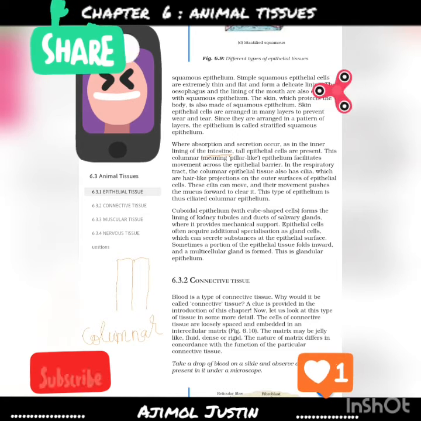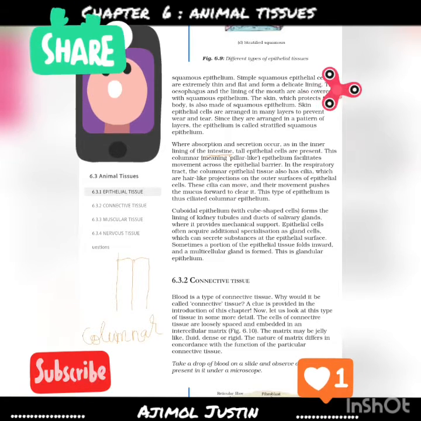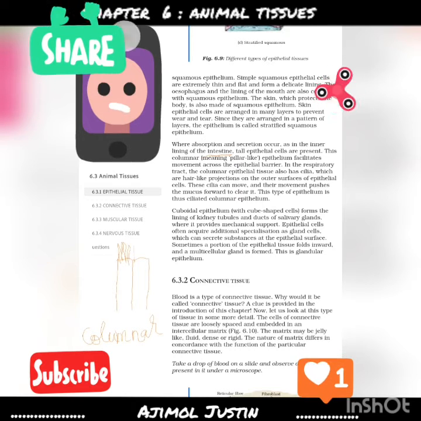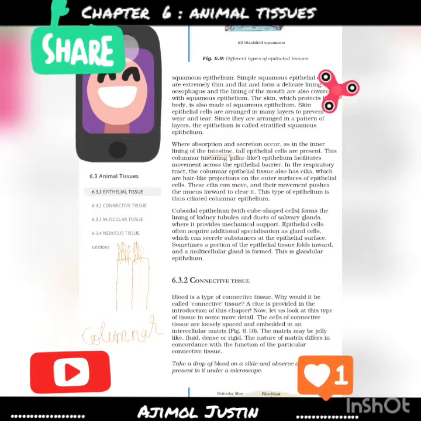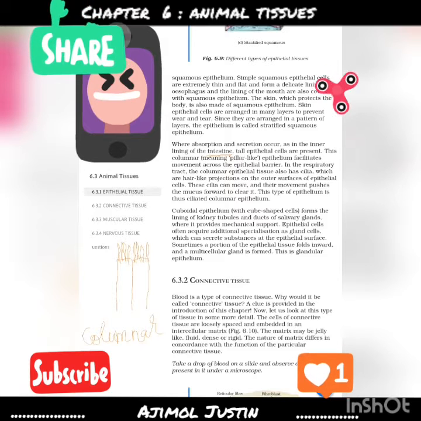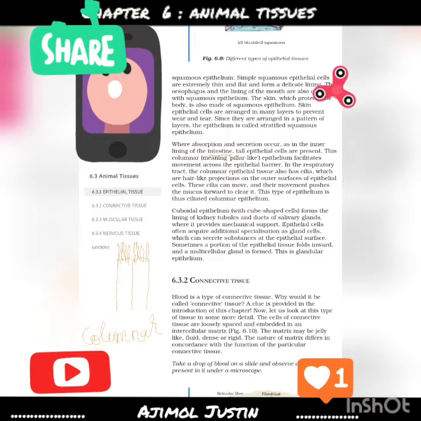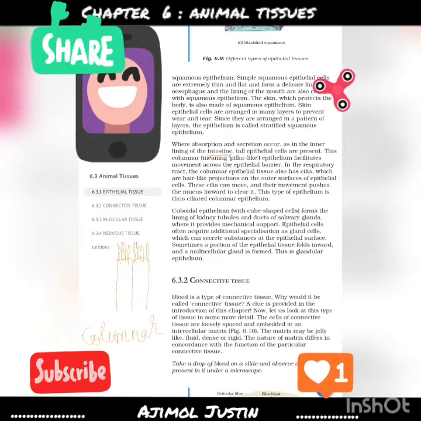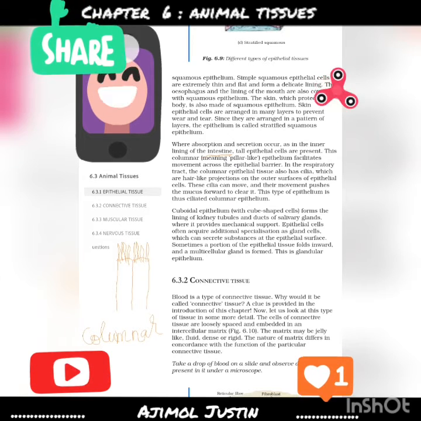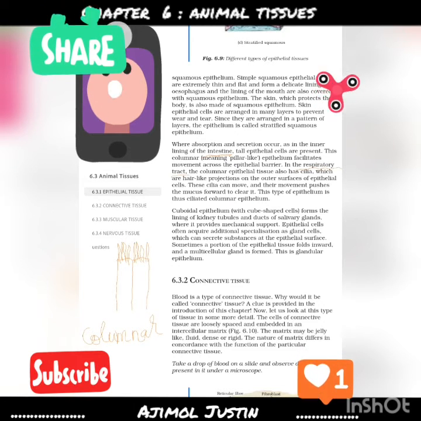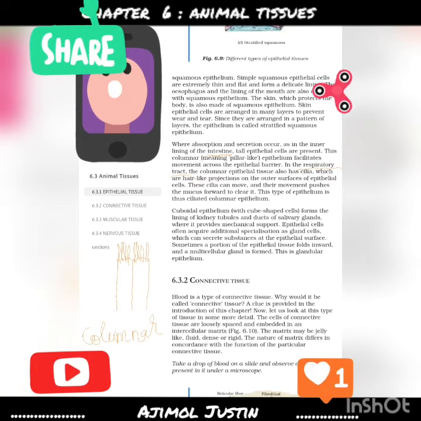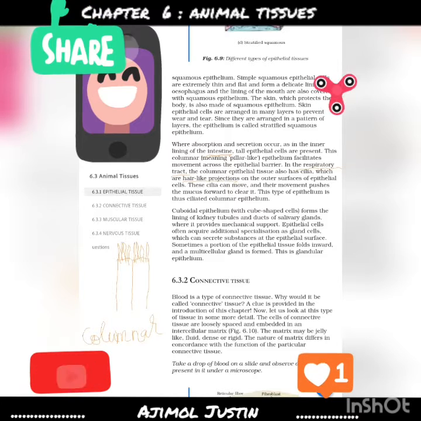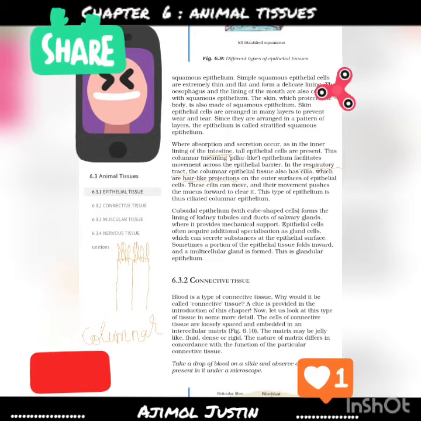Columnar epithelium. So sometimes in this columnar epithelium, cilia will be present. These are called cilia, which help or facilitate the movement of any substance. So this particular ciliated columnar epithelium is found in the respiratory tract. These cilia are hair-like projections on the outer surface of the epithelial cells.